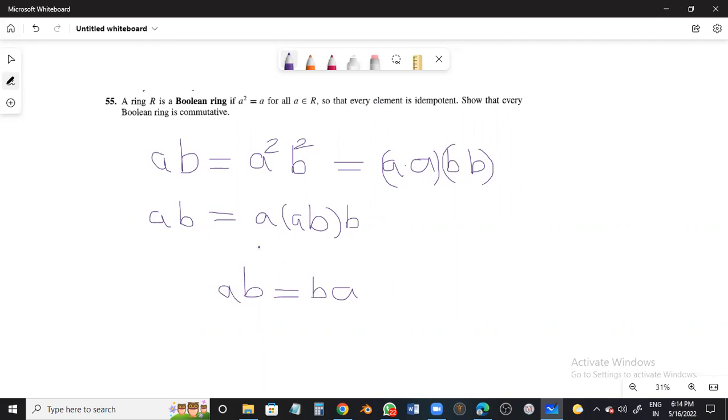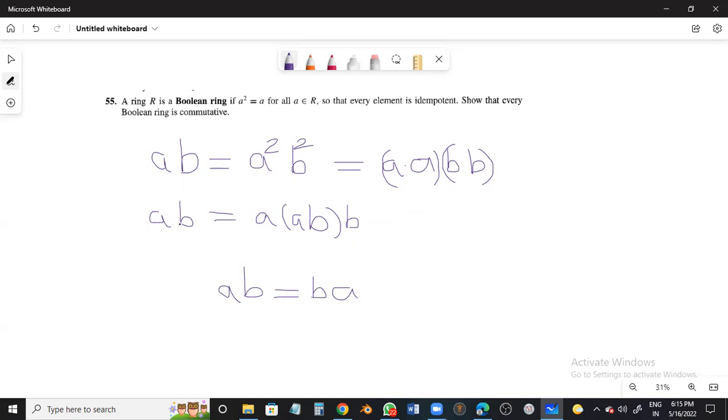So how would you go? AB is A square B square. So I can make use of this. I can go with the associativity. What else can I do? We have to reach AB is equal to BA. Anyone?